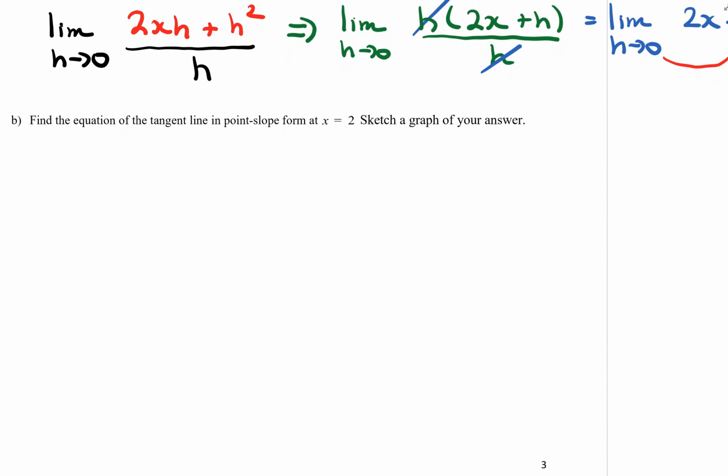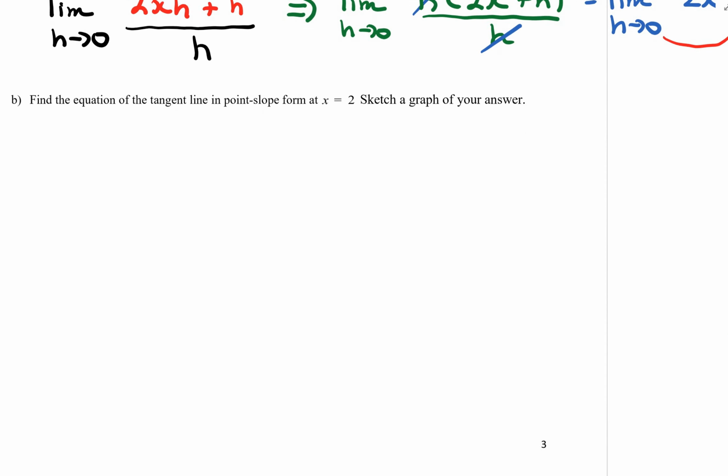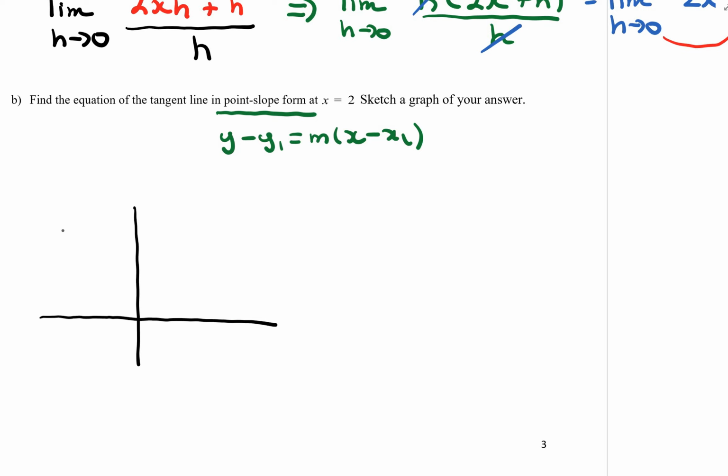Okay, let's move on to part B, and this one says find the equation of the tangent line in point slope form. Alright, so point slope form, that's going to be y minus y1 equals m times bracket x minus x1. And we need to sketch this, right? Well, let's just sketch the problem that we just did. It's very good to sketch the problem so that we know what's going on here.